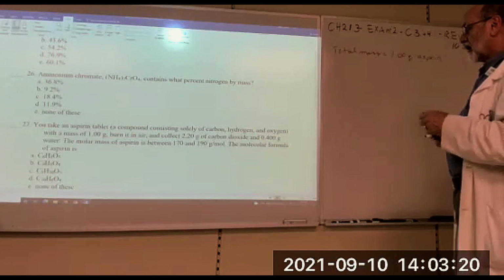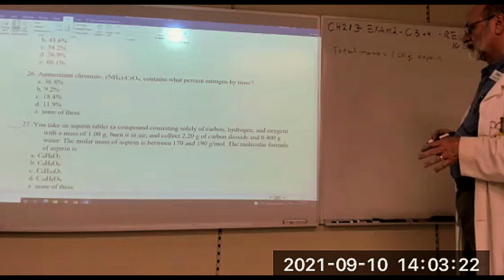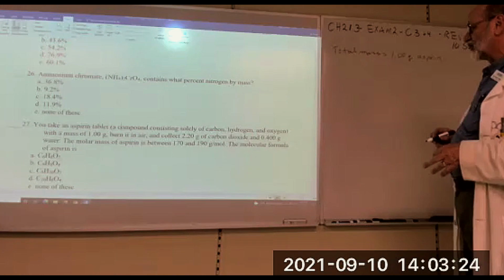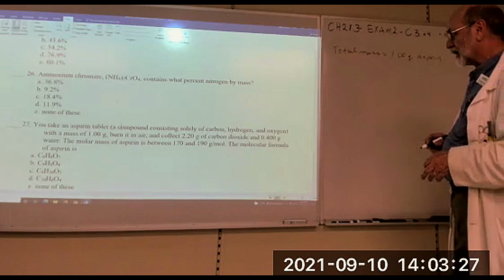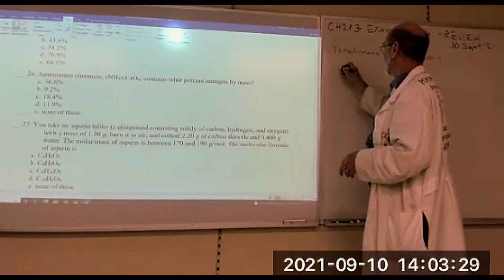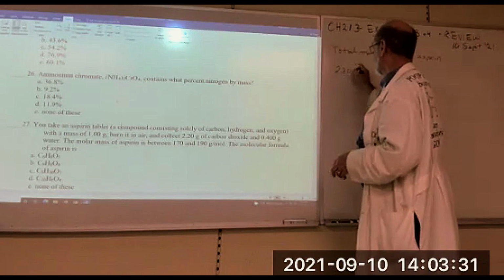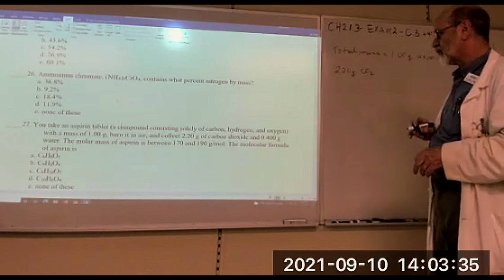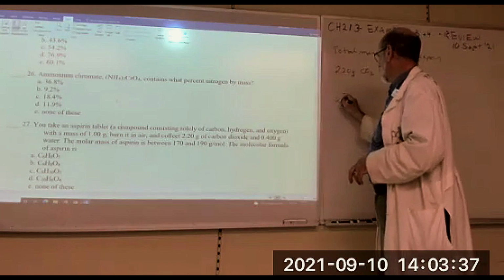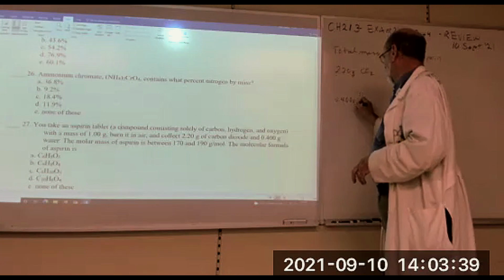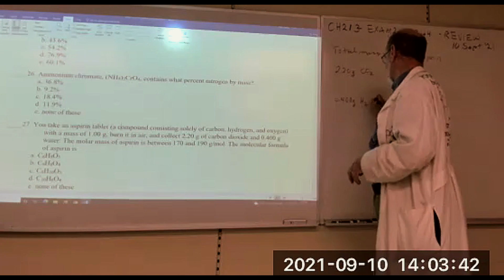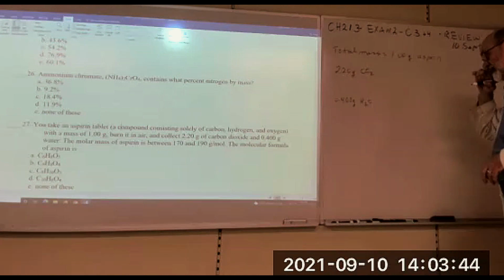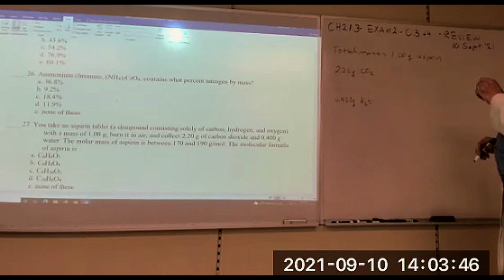You burn it in air, so it combines with oxygen, and you collect 2.2 grams of CO2 and 0.4 grams of water. You're also told that it's carbon, hydrogen, and oxygen only in this molecule.